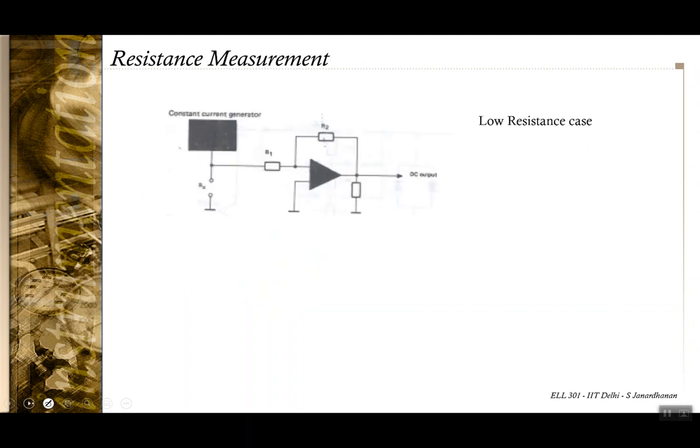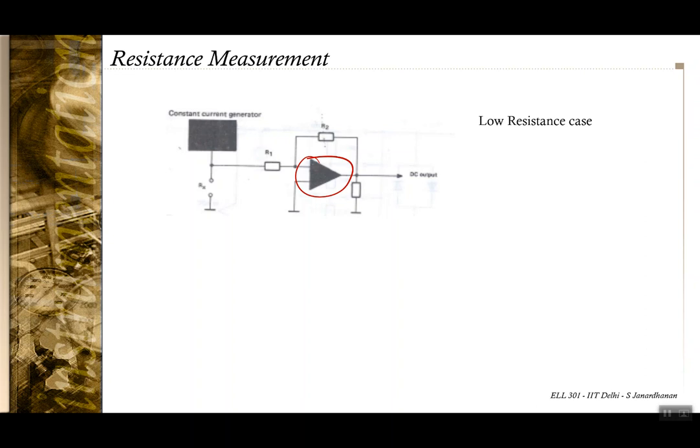And we already have op-amp based circuitry which inherently has high input impedance and low output impedance, so that can also be utilized.